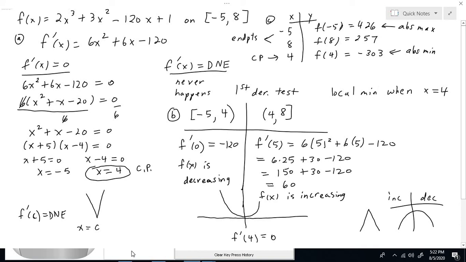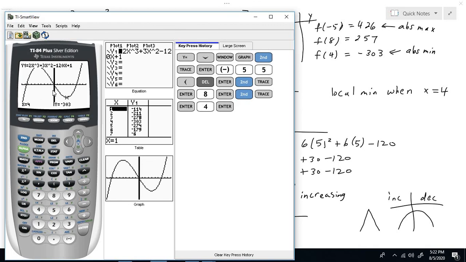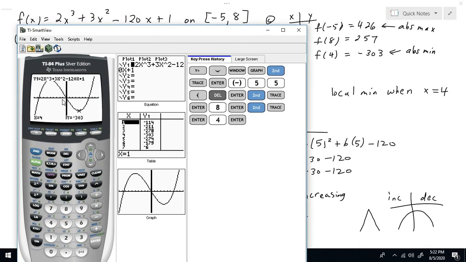Okay, and let's just double check this on the graph. Our domain is going from -5 to 8. So -5, 1, 2, 3, 4, 5. So -5 is right there. That's where the absolute maximum is. And you can see that it peaks right here. And that's the largest y value on the domain, right?